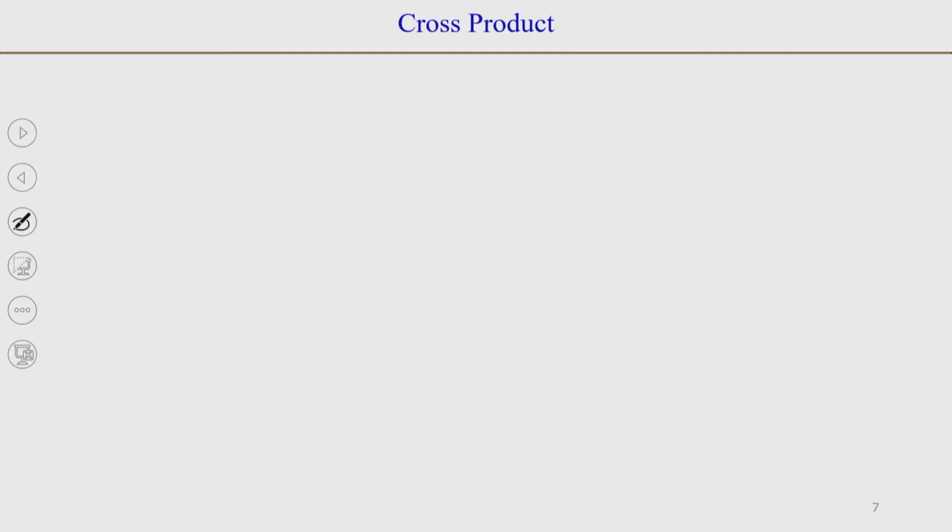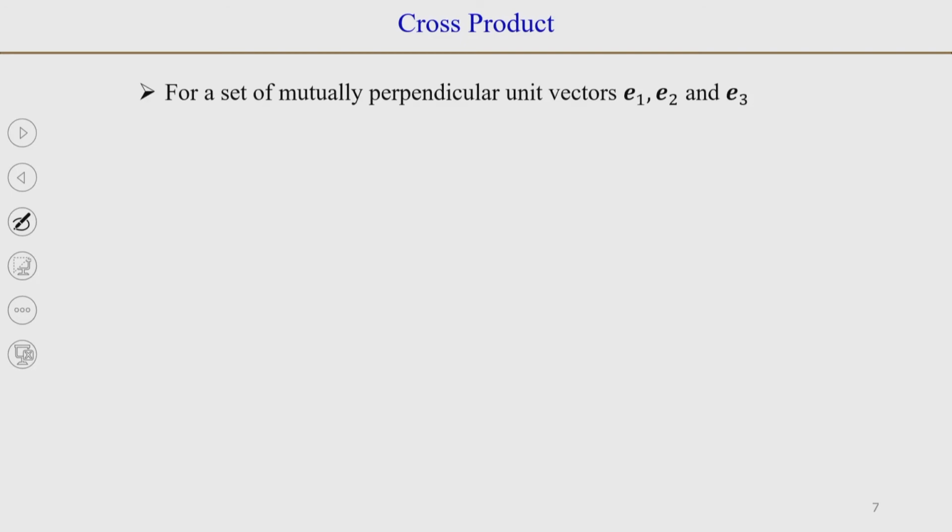So, that is the cross product. Now, in terms of unit vectors, generally when we work with vectors, we will be writing all the vectors in terms of their components. So, it is important to know and remember the cross product of unit vectors of the x, y, z directions or r, theta, z directions.